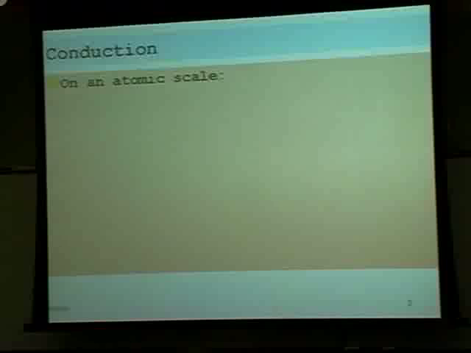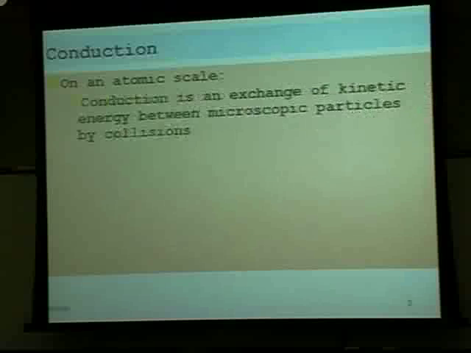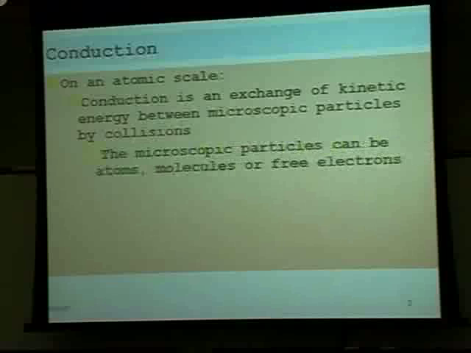Conduction, on an atomic scale, is the exchange of kinetic energy between microscopic particles by the collisions themselves. Microscopic particles can be atoms, molecules, or free electrons. Free electrons would be a good way to do it because they're easily movable.